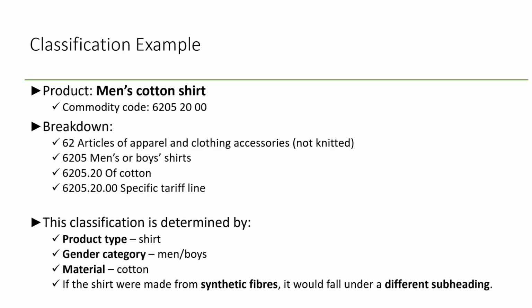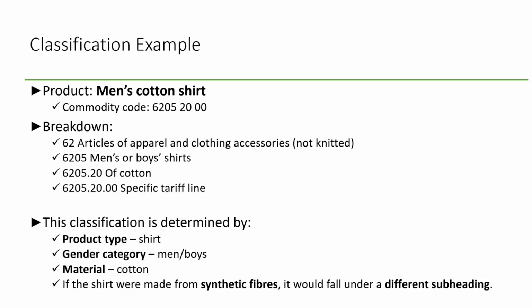So the breakdown again is 62, which is the chapter, and that's a very general description: articles of apparel and clothing accessories, not knitted. 6205, men's or boys' shirts. Then it gets a bit more specific as to who it's for, its function. 620520, its material. It's of cotton. And 62052000 then is the specific tariff line, right?